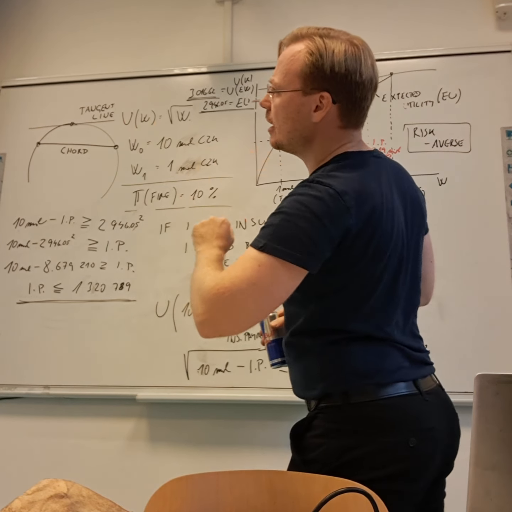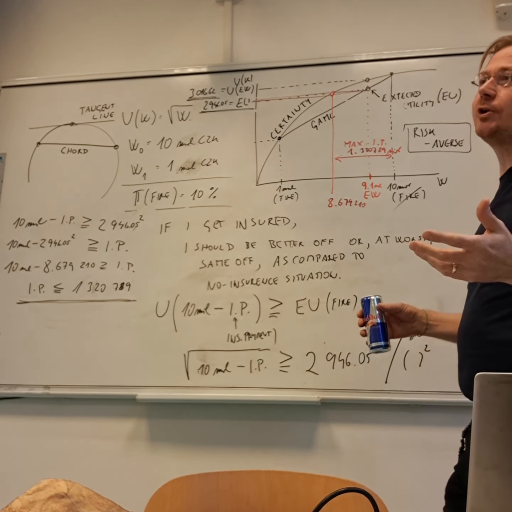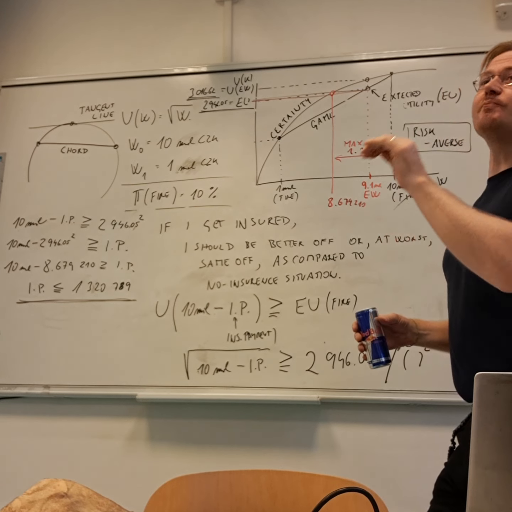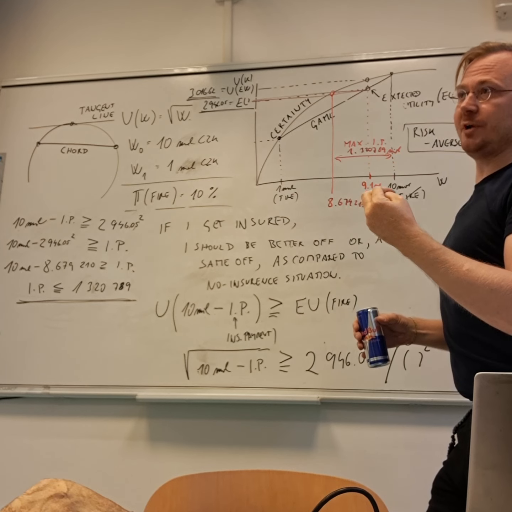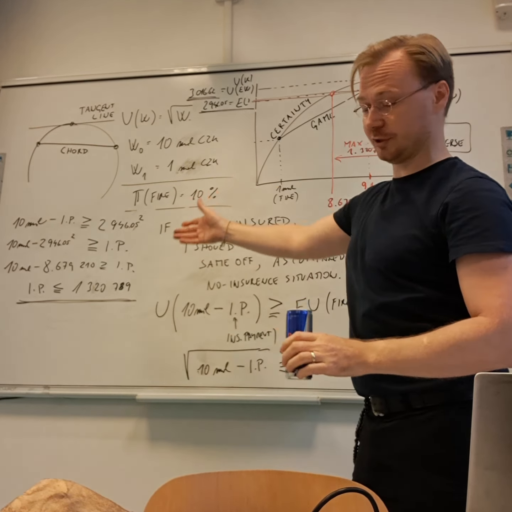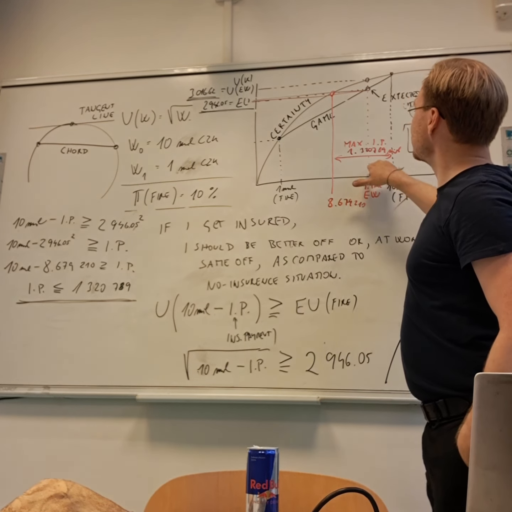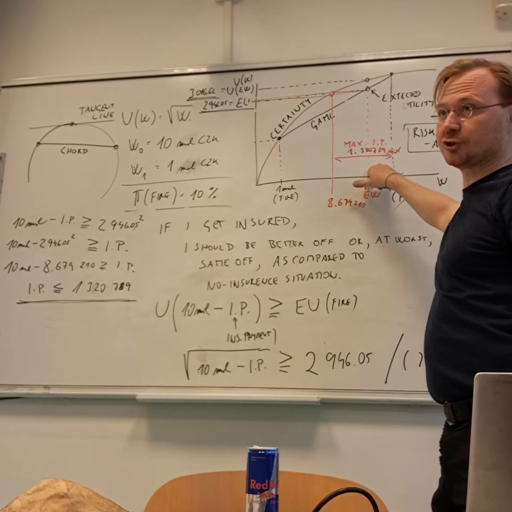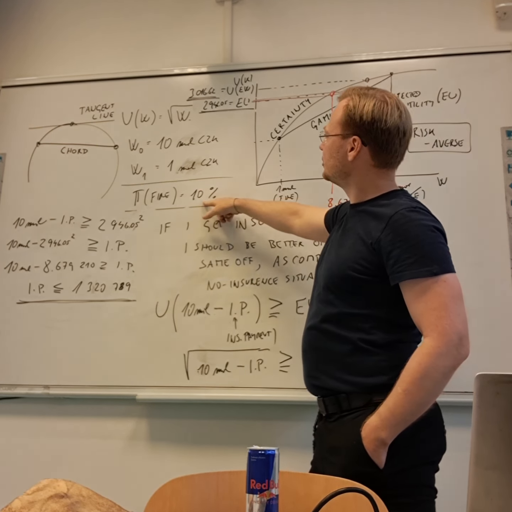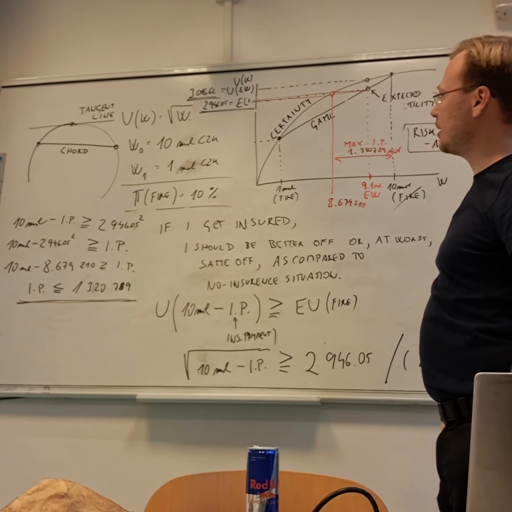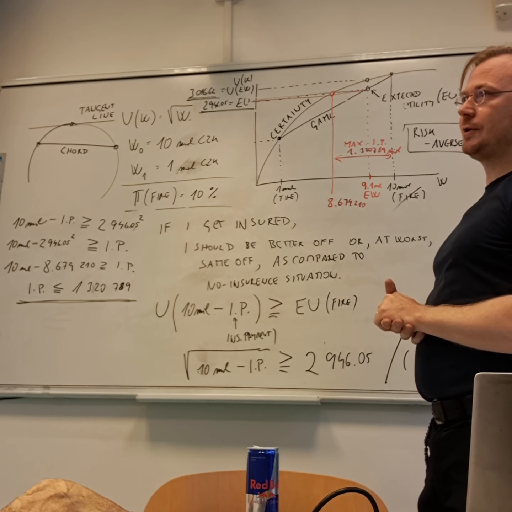It's not here, but we can extend the problem by calculating the minimum insurance payment which the insurance company will insist on. What's the minimum insurance payment which the insurance company needs to get to be willing to accept such a contract with the insured person? Well, logically, it must be at least the value of the expected loss, the expected damage, which is what? 10% that you will actually lose 9 million, which means 900,000 crowns.